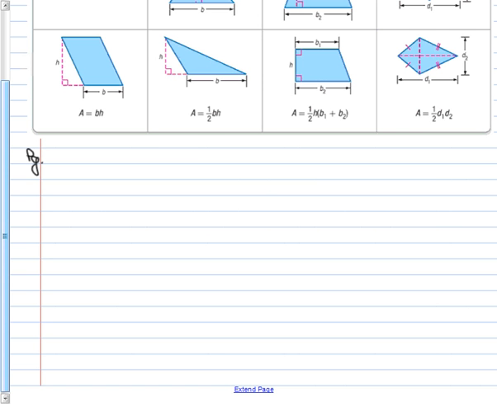Starting with number 1. Directions: find the area of each trapezoid, rhombus, or kite. Number 1, formula. Area equals 1/2 height.